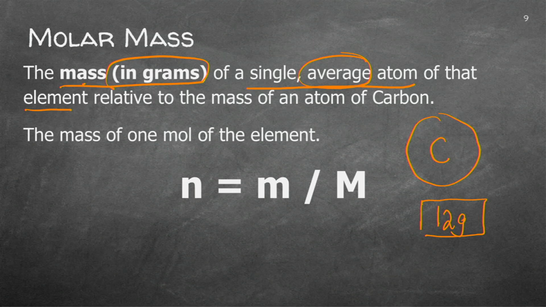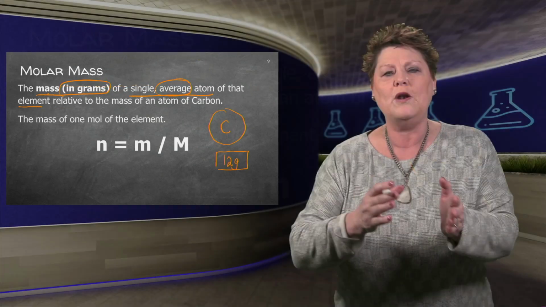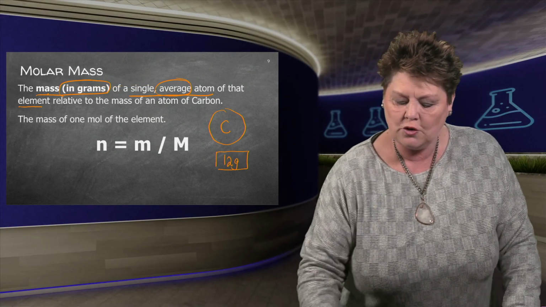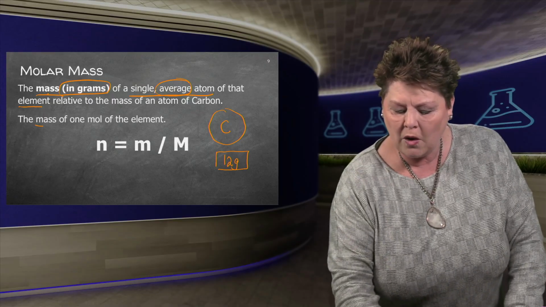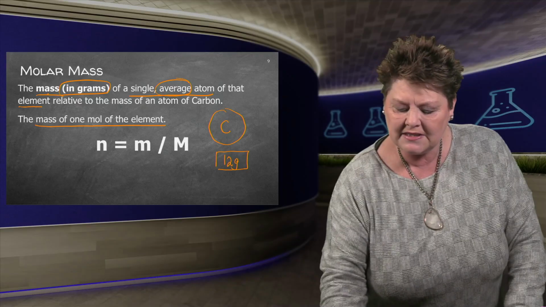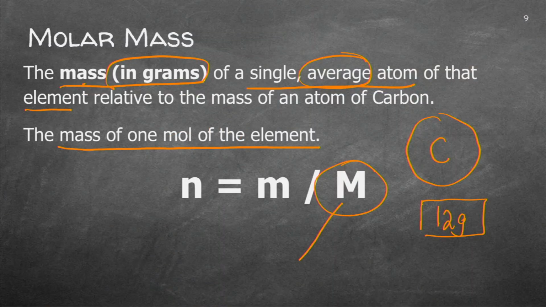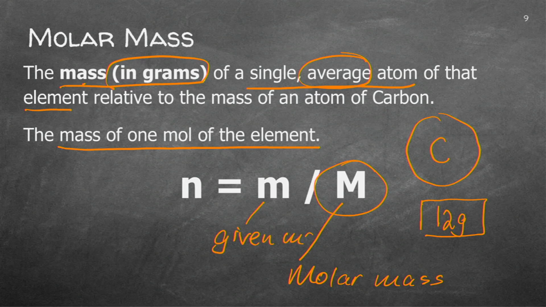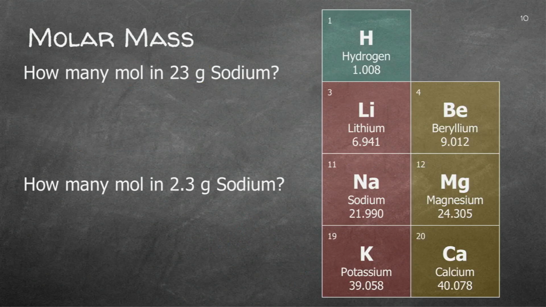So everything that's more or less is relative to carbon. The mass of 1 mole of an element is then that specific molar mass. And again, this is the given mass. So we can relate that to the bananas, but let's go to chemical elements in the periodic table.